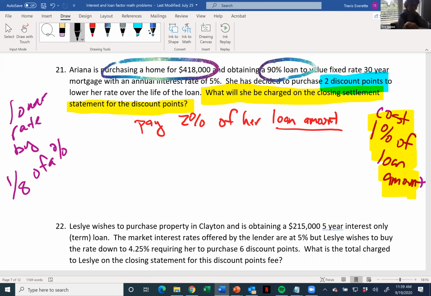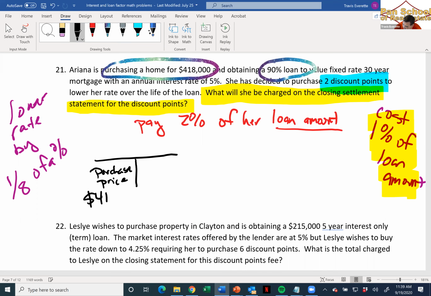So we can get to a loan amount, because we can take her purchase price of $418,000, and we can take her 90% loan to value ratio, $376,200. $376,200, very good, is her loan amount.